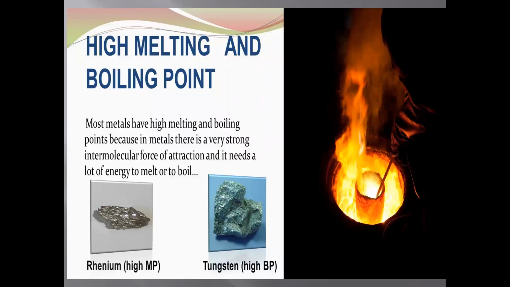Next is metals have high melting and boiling point. Now students, melting and boiling point, all of you know. Melting point is the point when a substance starts melting, and boiling point is the point at which a substance starts converting into its vapor form. Now metals have high melting and boiling point.